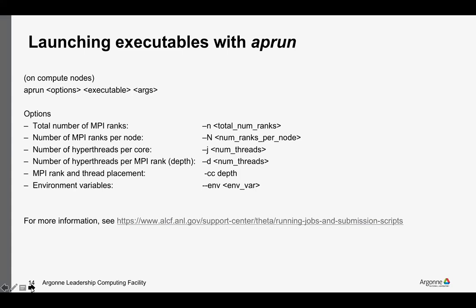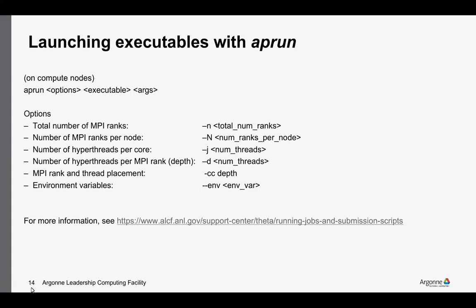The rank and thread placement or affinity is controlled using -cc, and the most common argument is depth. There's a couple of other choices you can make, which you can find out more about in the link at the bottom. Executables may need environment variables, which you can pass using --env.